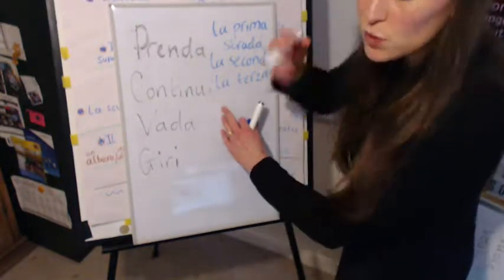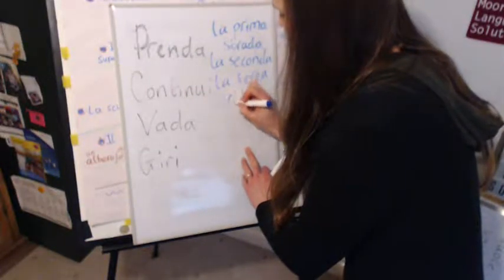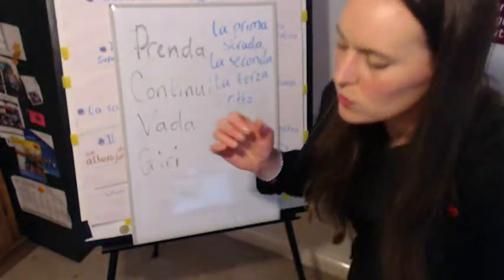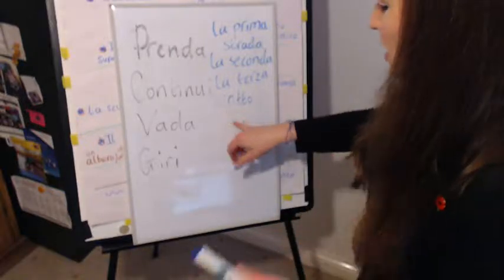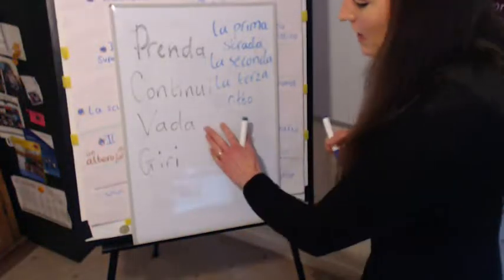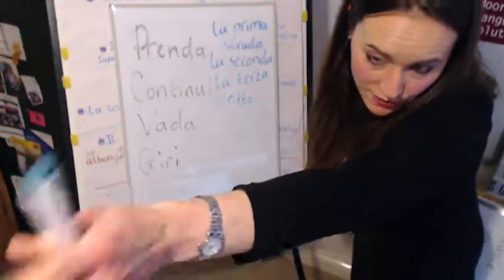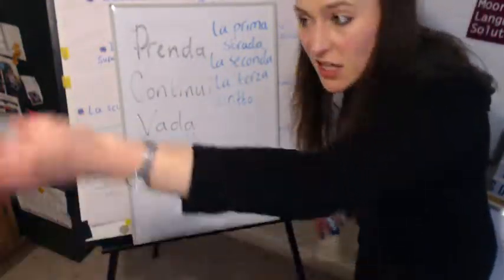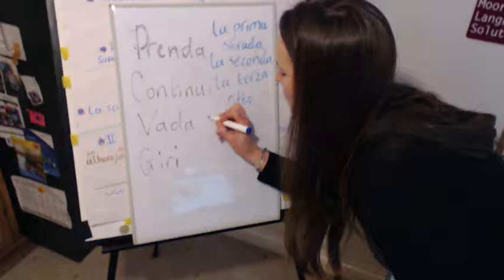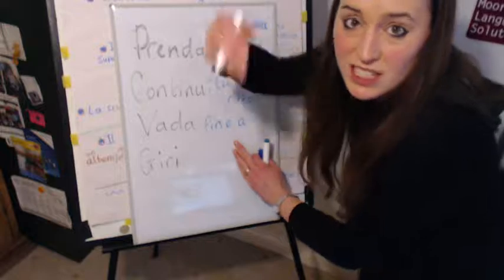You might hear continui, which means keep going or continue. Diritto, straight. Now, I'm never sure if this is diritto or dritto, like without an i there, but I'll check that in a minute. So, continui diritto, go straight on. Vada means go, like it's giving someone the instruction, like go as far as the supermarket and then take a right. So, vada, you might hear vada fino a, that means as far as or until.